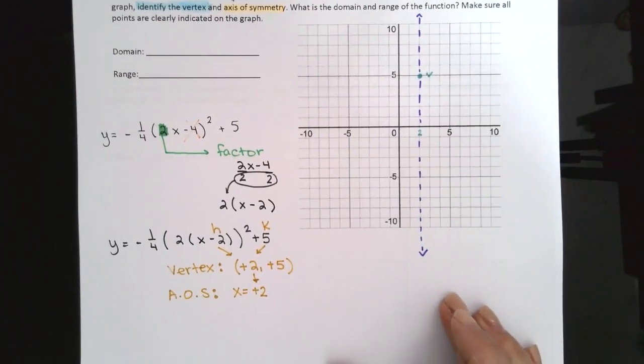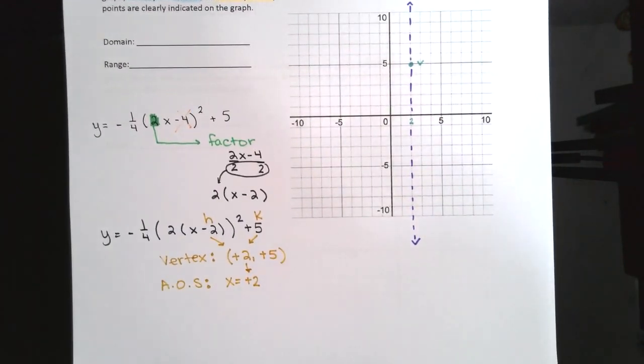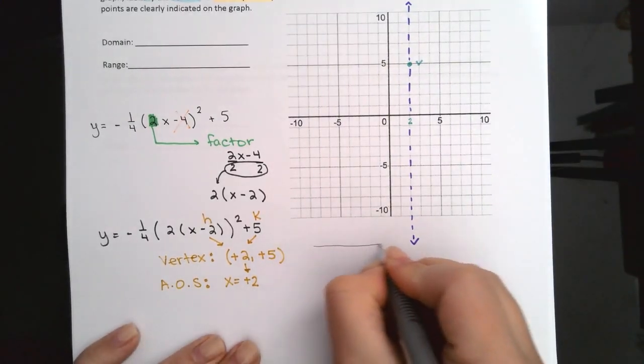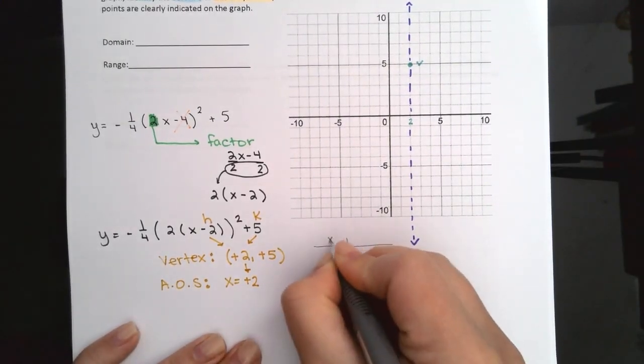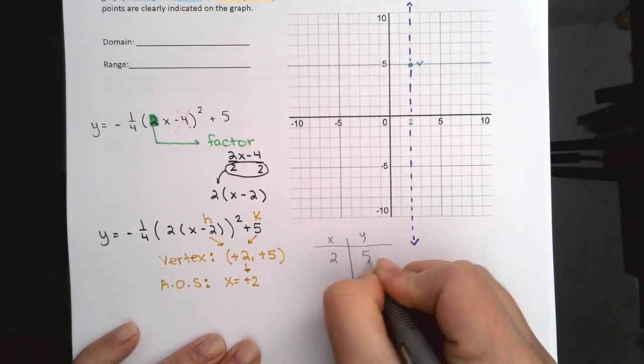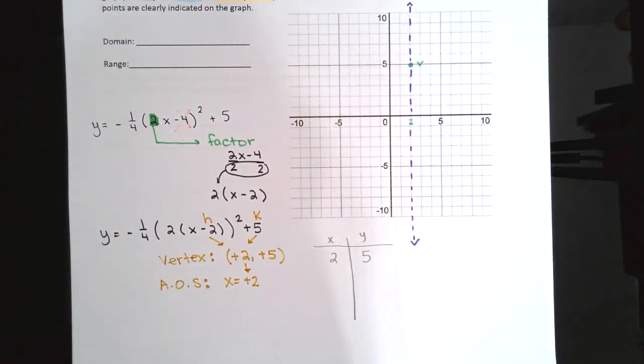Next, we're going to pick up a calculator and we're going to create a t-chart. For my t-chart, I'm going to start off with my vertex, which was +2 and 5. And I am going to go one direction. I'm not going to go 2 directions. I'm actually going to use the original given function, not the factored, but the original.